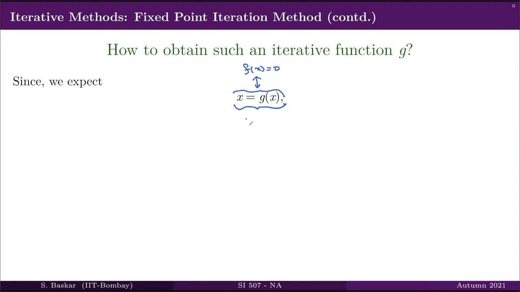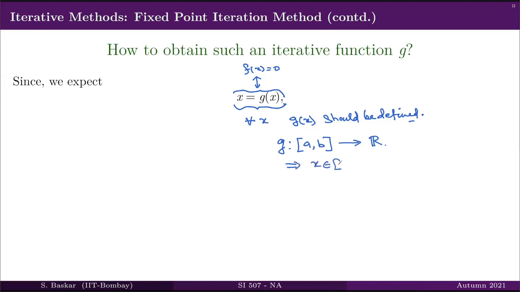Therefore, for every given x, g of x should be defined, right? Now, when can this happen? Well, suppose g is defined on an interval a b to say R, then what does it mean? It means for every x in a b, g of x is defined, right?